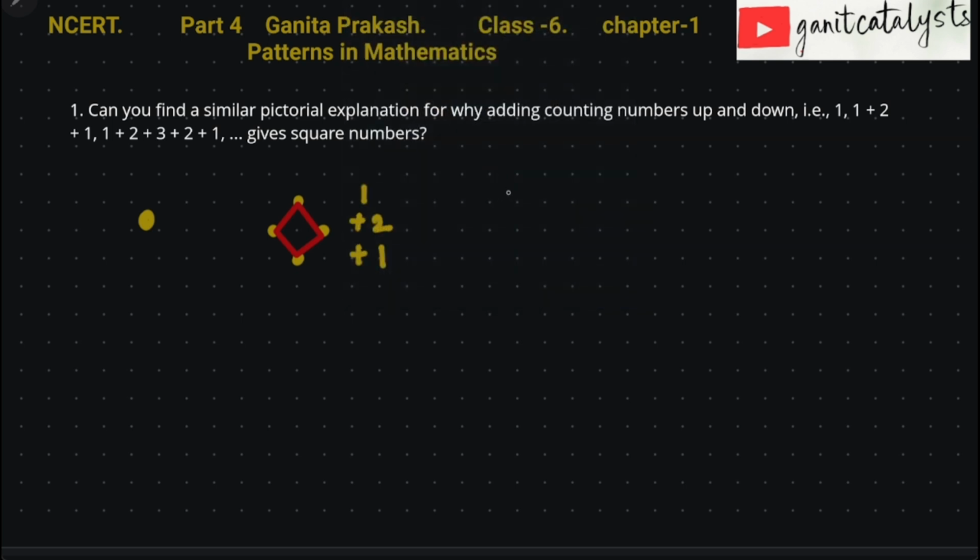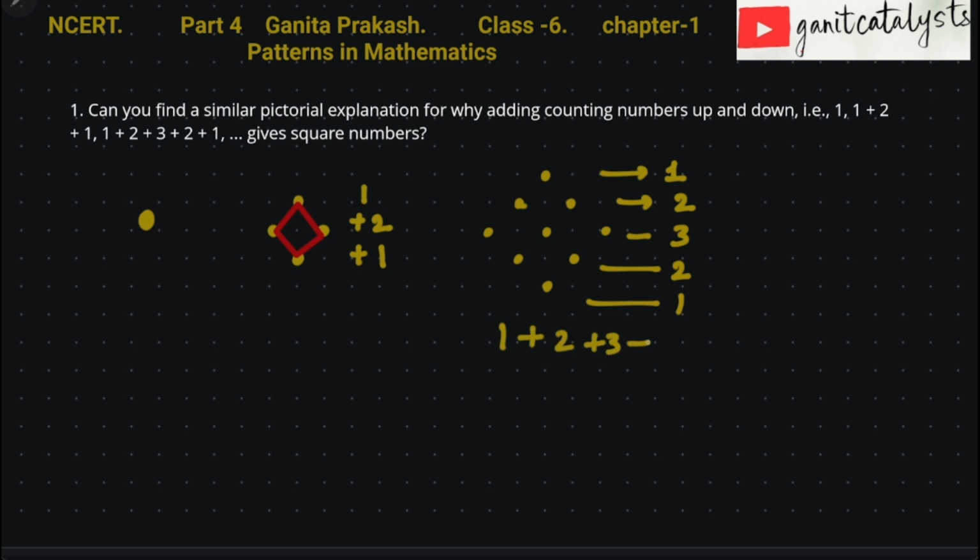Next, 1 plus 2 plus 3 plus 2 plus 1. Here we have one dot in the first row, then 2, then 3, then 2, then 1. So it is 1 plus 2 plus 3 plus 2 plus 1, which is equal to 9. 9 is 3 square, so this is a square with side 3.